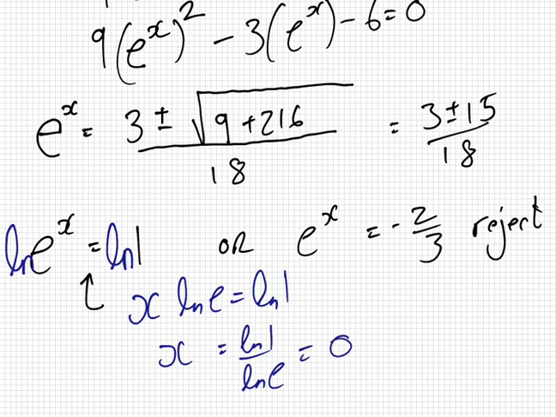So do we use log or ln? When I say log and I don't mention a base, what base am I using? E. Yeah. So what's confusing about that? Hang on.